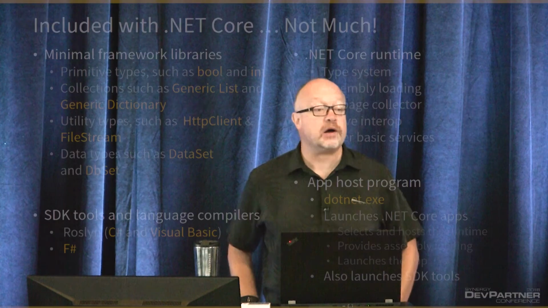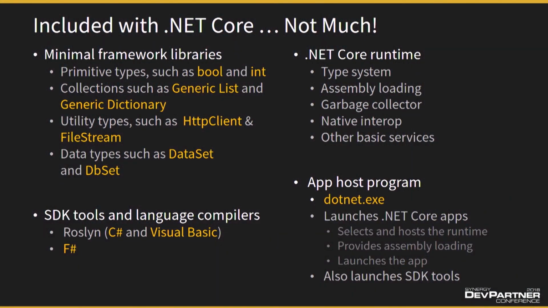Included with .NET Core, so what do you get when you install or create a .NET Core application and it downloads its runtime and its library? Well, the answer is not very much. You get a really basic environment. You get primitive data types. You get a few more complex types like generic list and generic dictionary. You get an HTTP client.